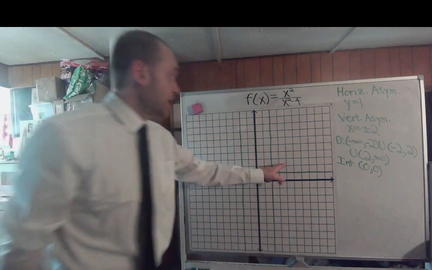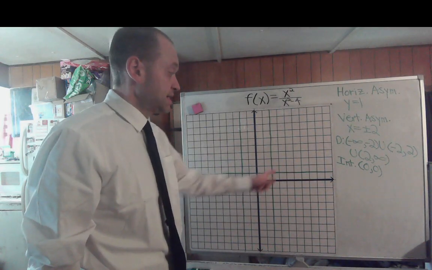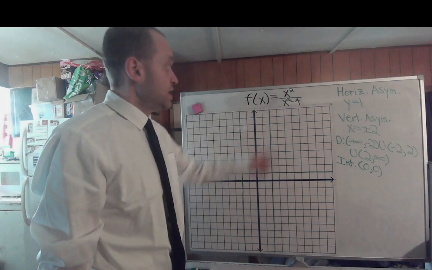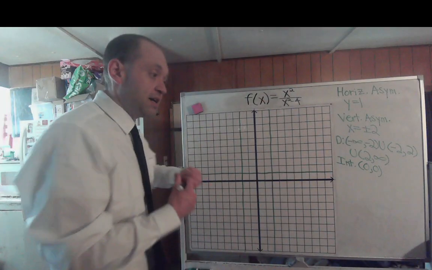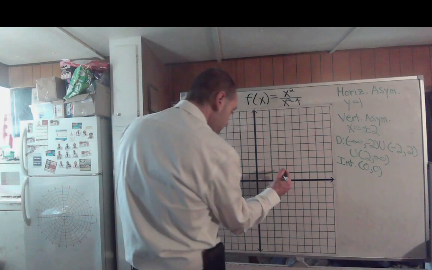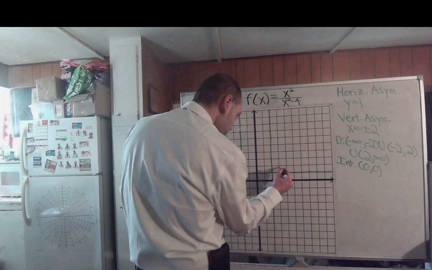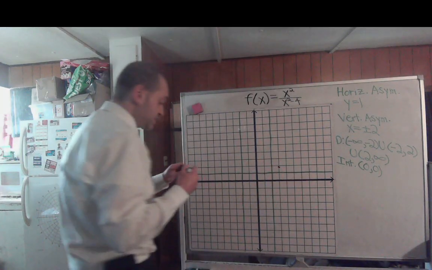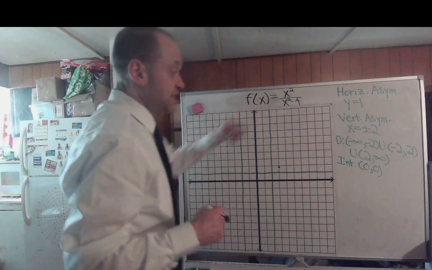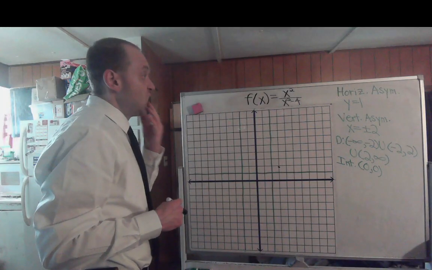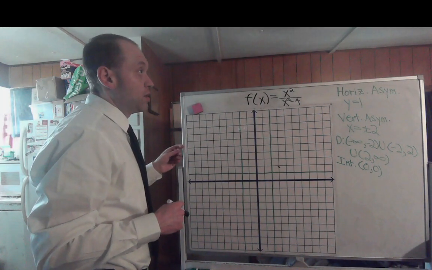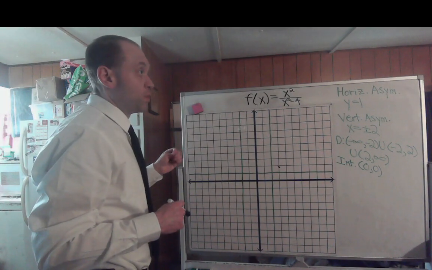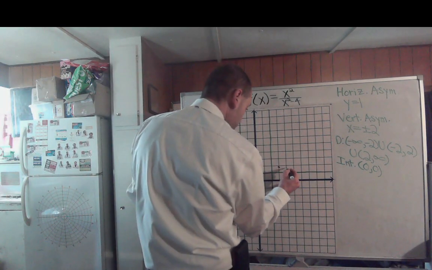Let's start at the right. So let's go ahead and put in x equals 3. That would give you 9 over 5. So that would be 1 4/5. Right about there. Let's put in 4. That would give you 16 over 12, which would end up being 1 4/12, or 1 1/3, a little bit lower.